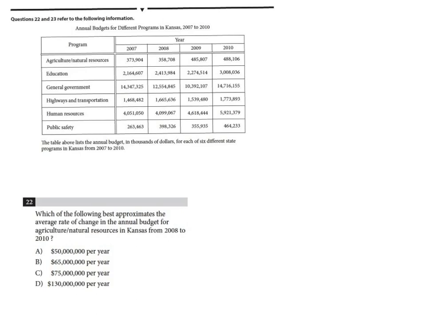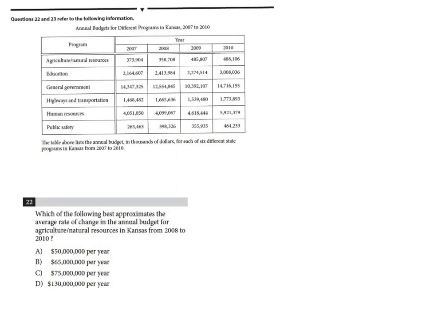Okay, 22. We've got a table here that's showing us the annual budgets for different programs in Kansas, 2007 to 2010. And number 22 is asking which of the following best approximates the average rate of change in the annual budget for agriculture, natural resources in Kansas from 2008 to 2010.